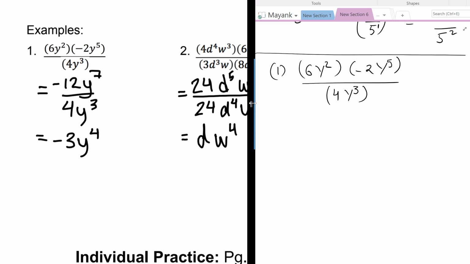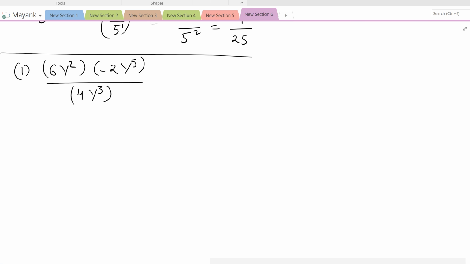Now if you noticed, here we have a bracket, but there's no power outside. You see that? There's no power on this bracket, so all the powers are inside.